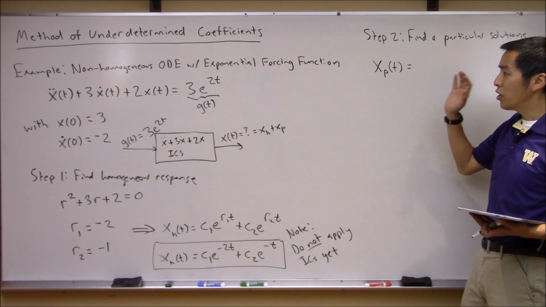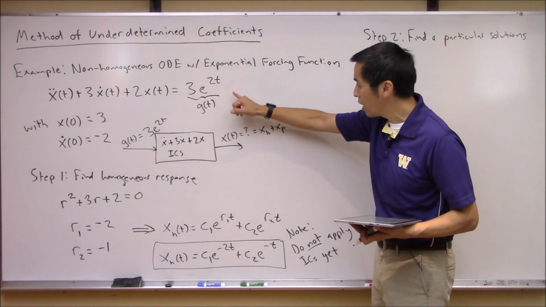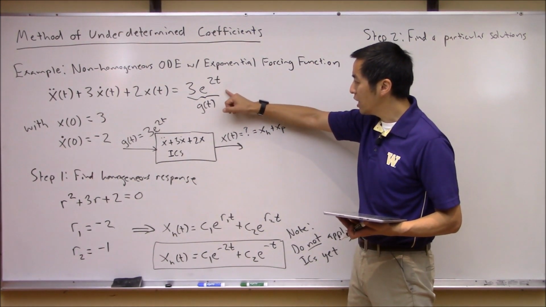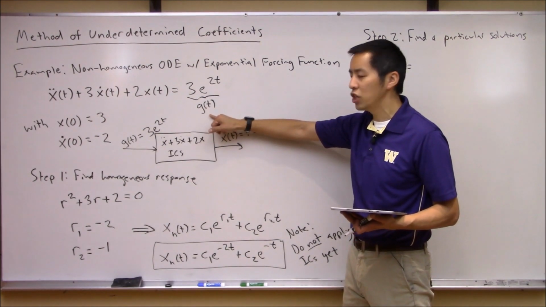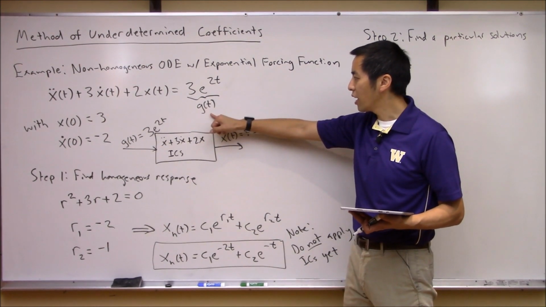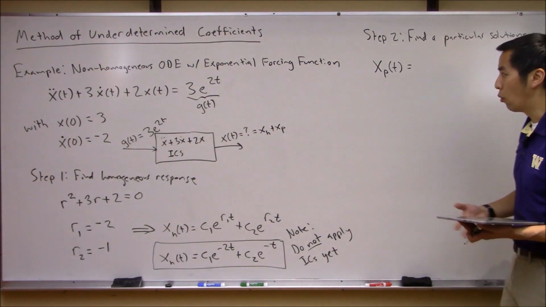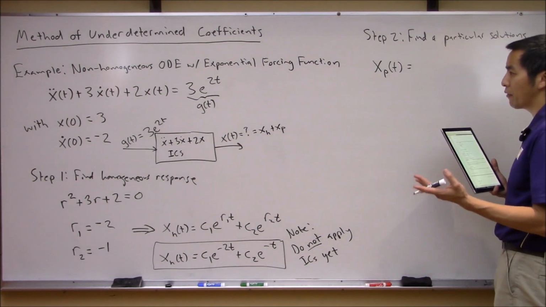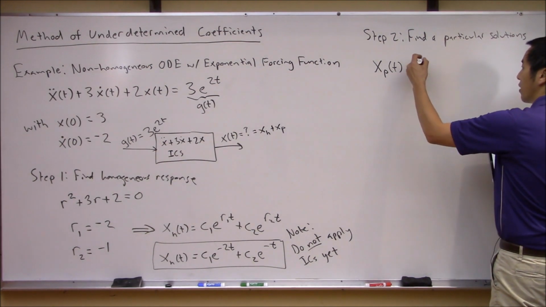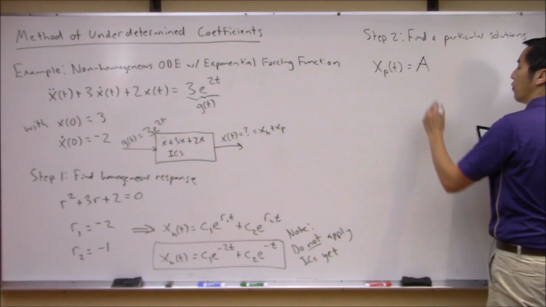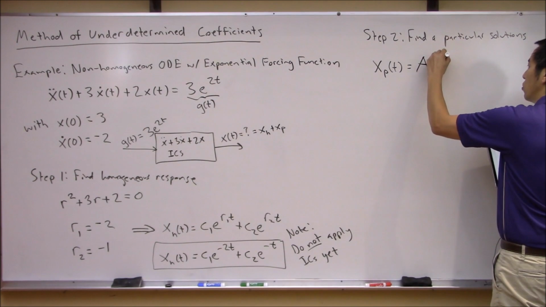So what you're going to end up using is keyed off the form g of t takes. In this case, since g of t is an exponential function, I happen to know that a family of functions that is going to work looks something like a coefficient A times e to the 2t.